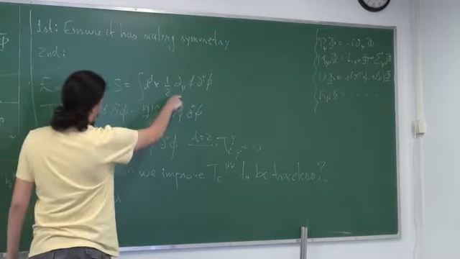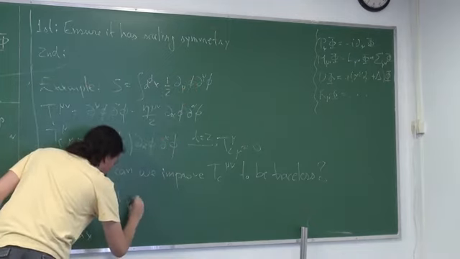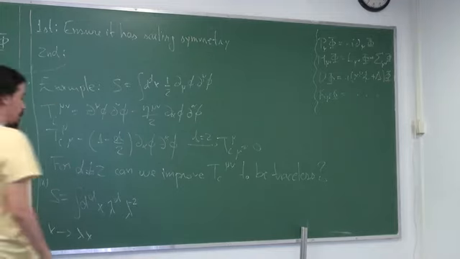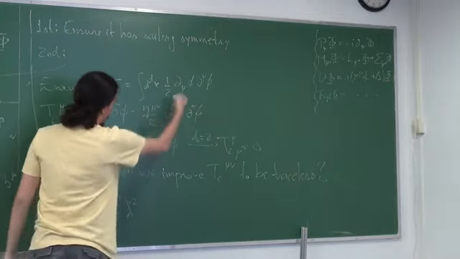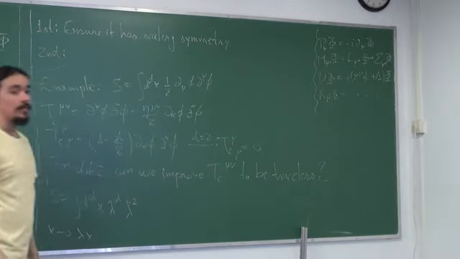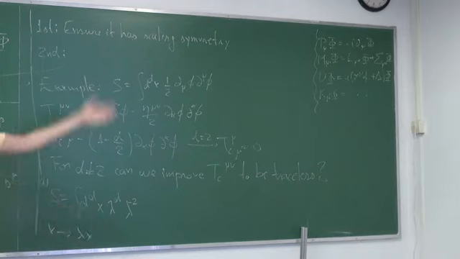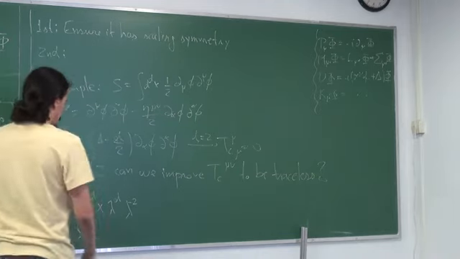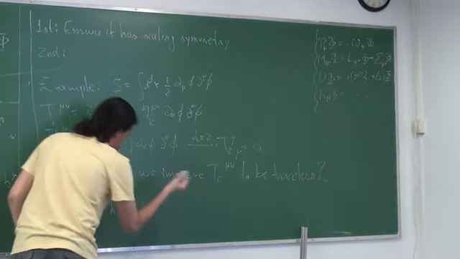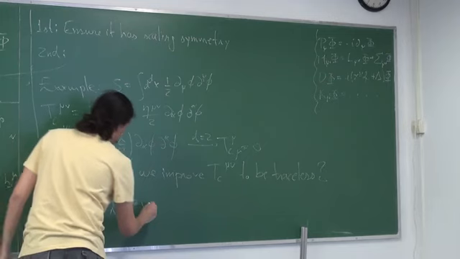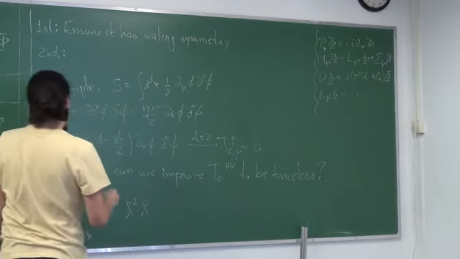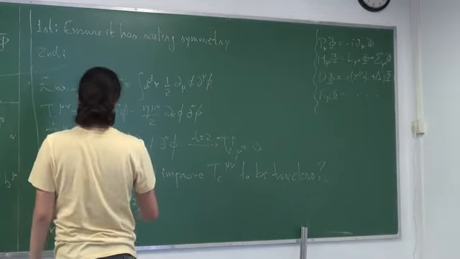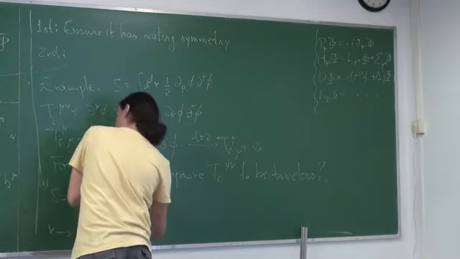I get a lambda to the minus 2 from the derivatives. This is a free theory, so the scaling dimension of the scalar field is equal to its mass dimension, which is d minus 2 over 2.